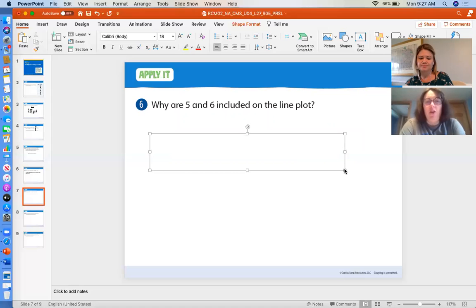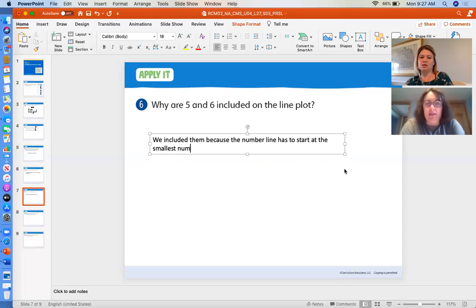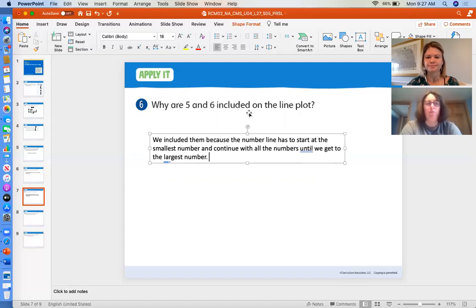We included them because the number line has to start with the smallest number and continue with all the numbers until getting to the largest number. We don't skip numbers.